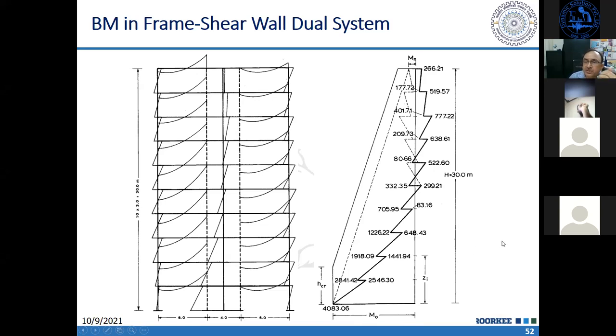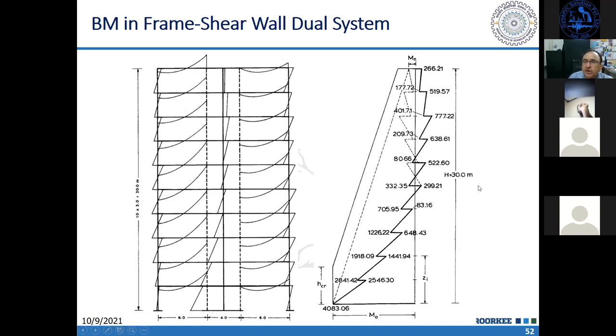Because if the shear wall develops a hinge somewhere in the middle, then its ductility is going to reduce. So to avoid the formation of the plastic hinge somewhere in the middle, not at the bottom, we have to go for this type of enhancement in the bending moment diagram. This is the capacity design concept for bending moment in shear wall.